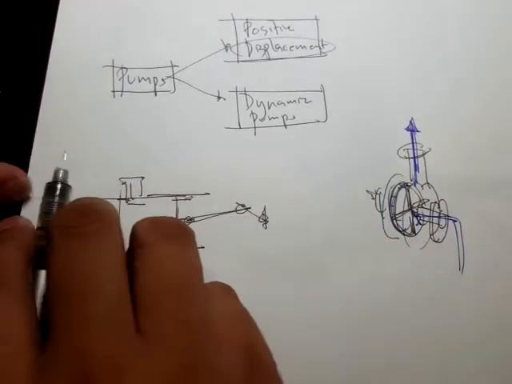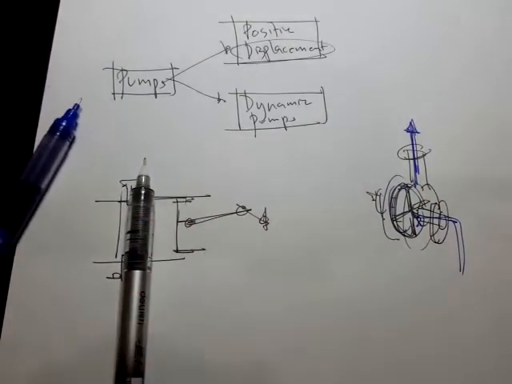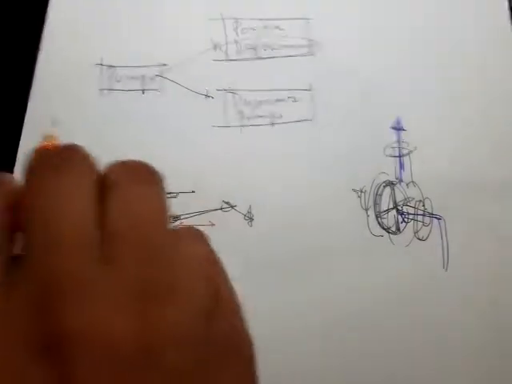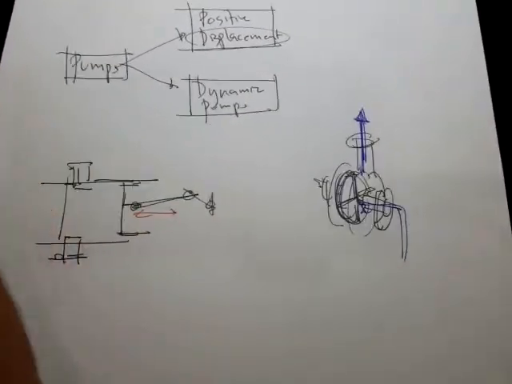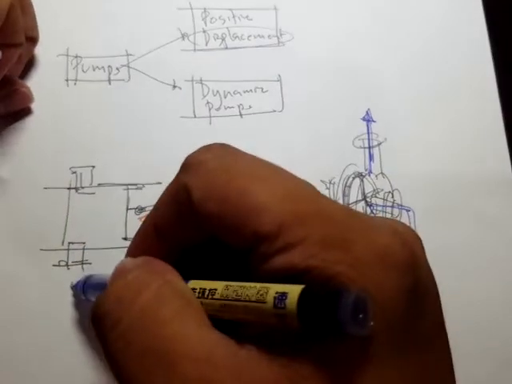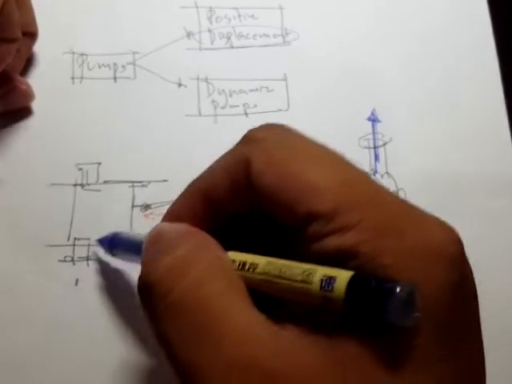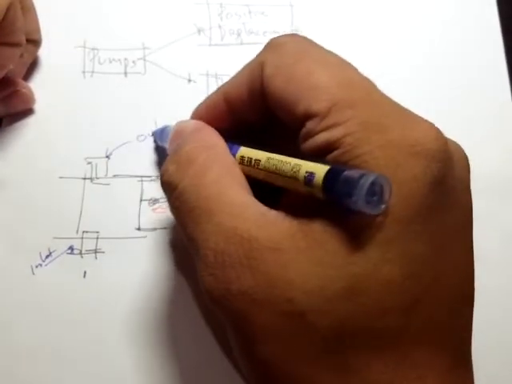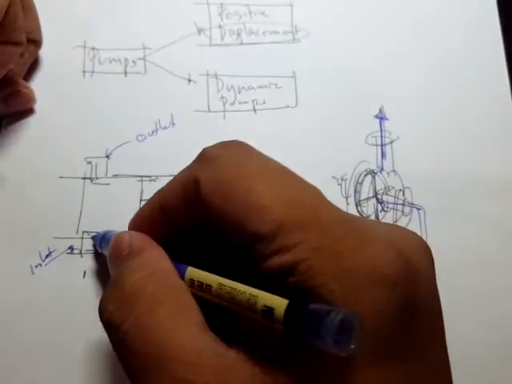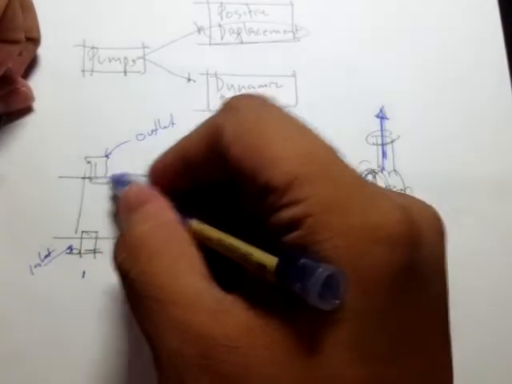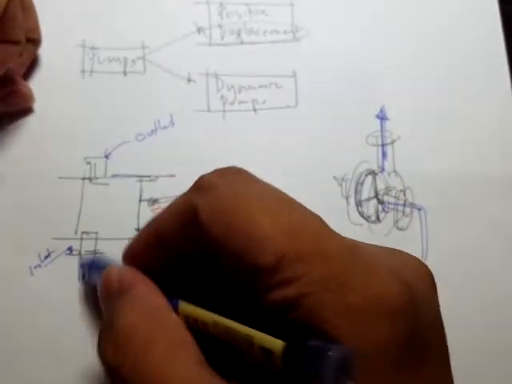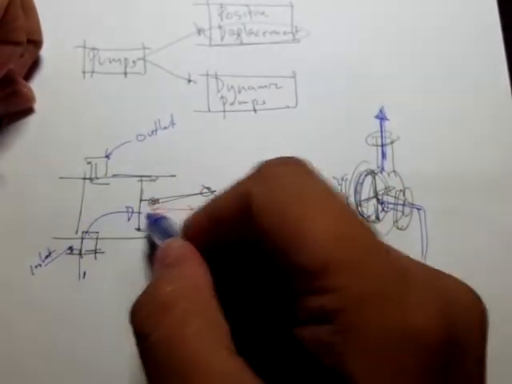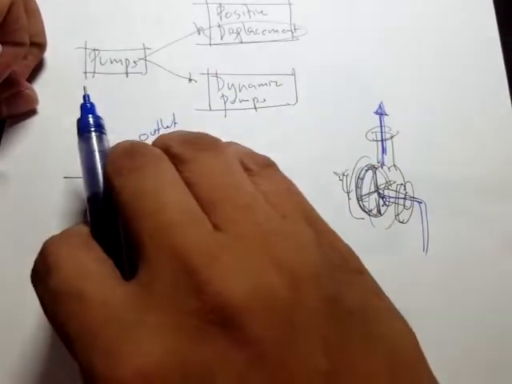So this piston actually moves up and down, right? So when it moves, when the valve right here is open, let's say here's our inlet and here's our outlet. So when this inlet valve is open and this one is closed, that means the water can enter right here, and of course it's going to pull it.